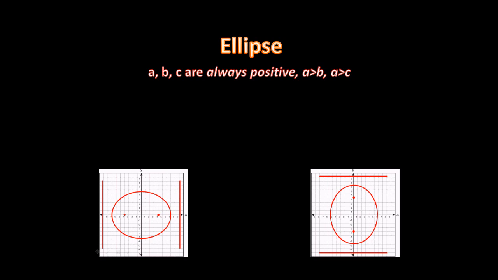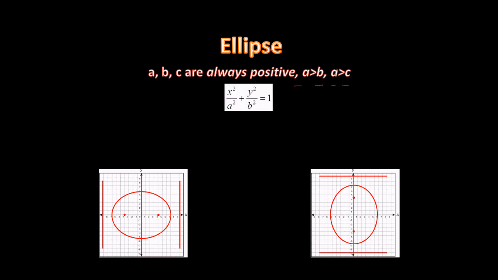First of all, the value a is always greater than b. Okay, that's why we call this the major, and this is the minor. And also the value of a is always greater than c, because the foci will always be inside the ellipse but not outside. Alright, now because of that, you will see the equation of an ellipse something like this.